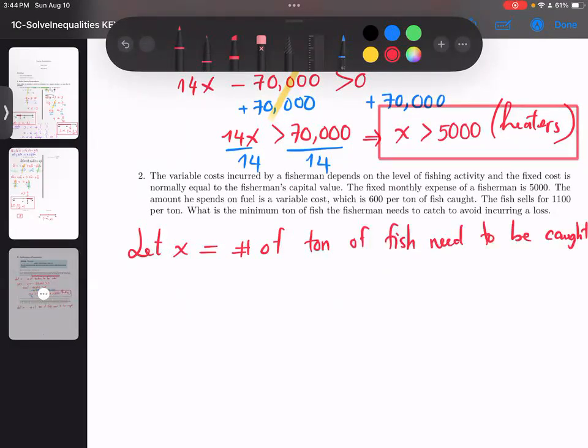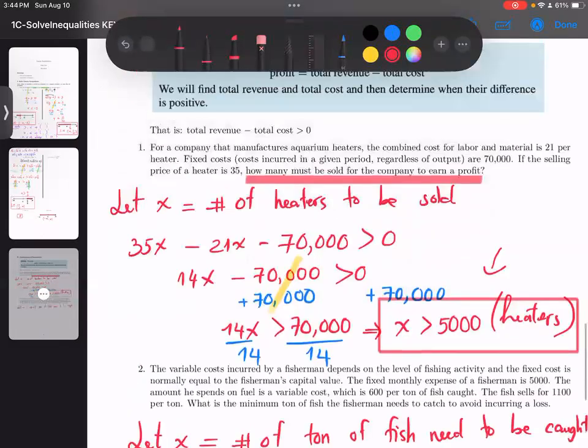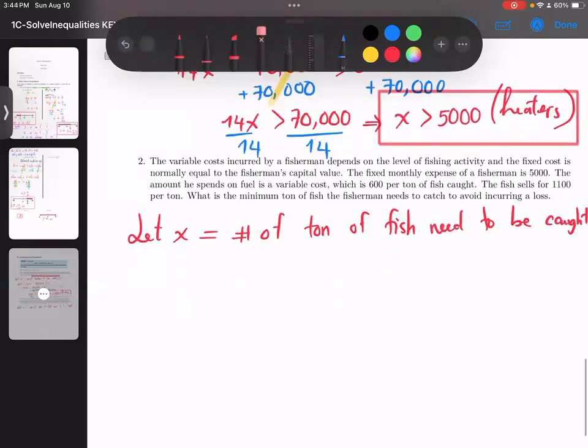Do specify your variable. You really need to specify your variable. If you don't, you have to do it at the very end, right? So for example, this problem here, if you don't have this sentence, then at the end you have to say the number of heaters to be sold needs to be at least 5,000, right? But if you already have it in the beginning, you don't have to. Does that make sense? Okay.